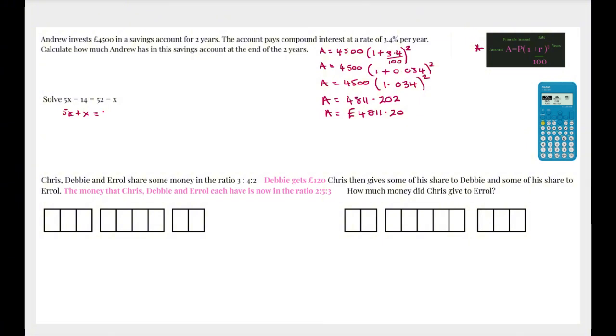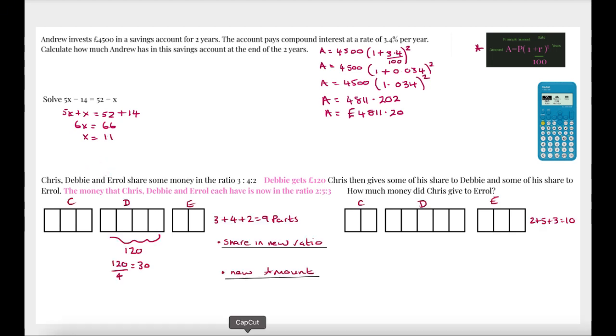And then I've got 52 here. Taking the 14 over, which is plus 14. And then this becomes 6x equals 66. And then we're going to divide our 6. So x equals 11. So that's a nice one, that is, isn't it?